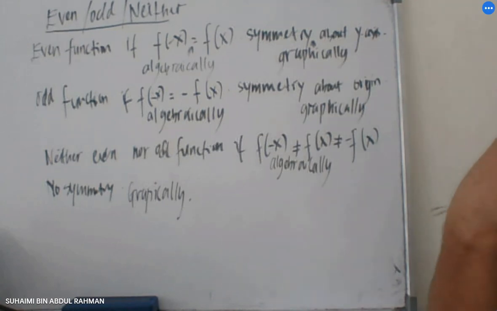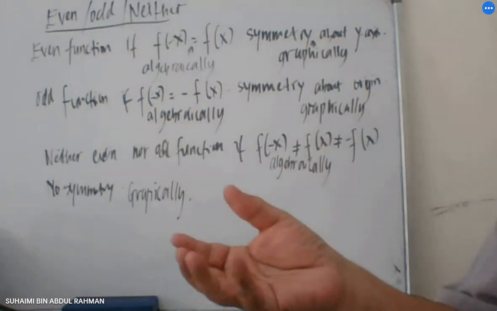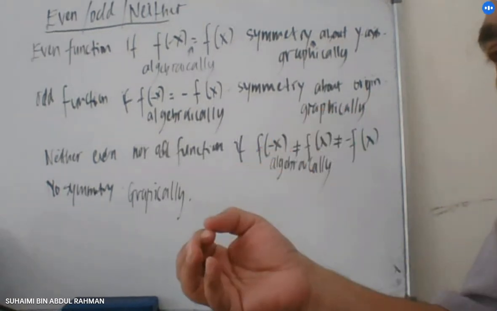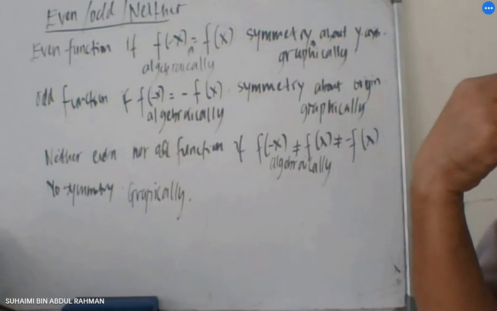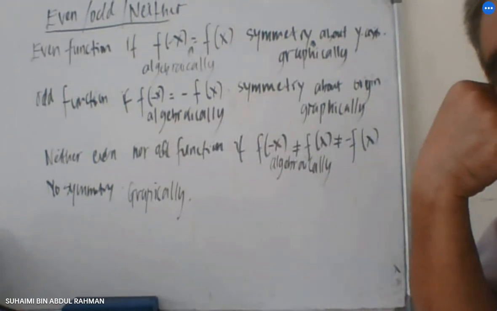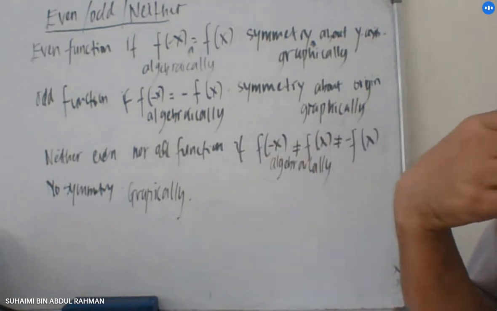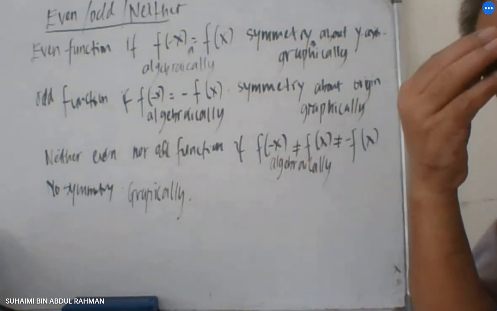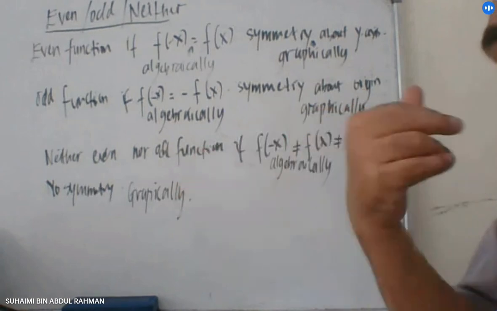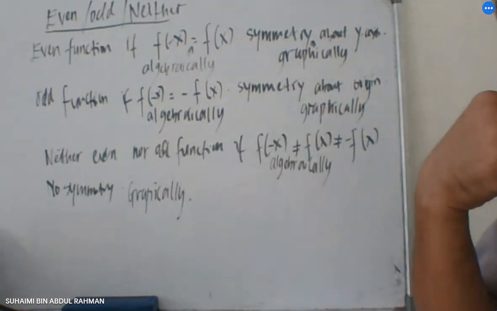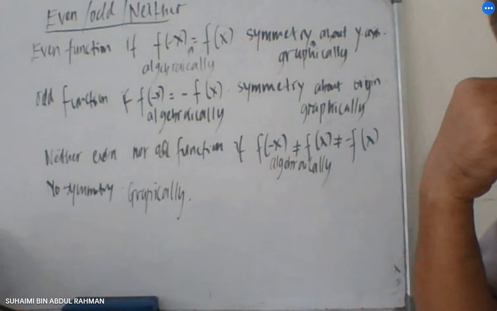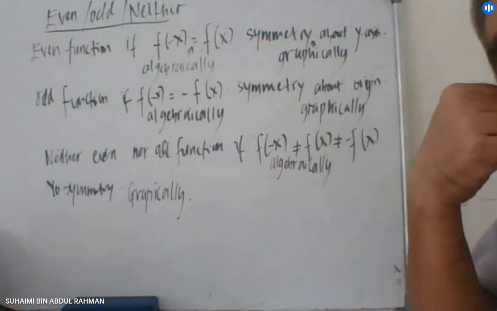So you know now that when function is given, we know whether even, whether it is odd, or whether it is neither even nor odd. How do we know? We test. Either algebraically test or graphically test.